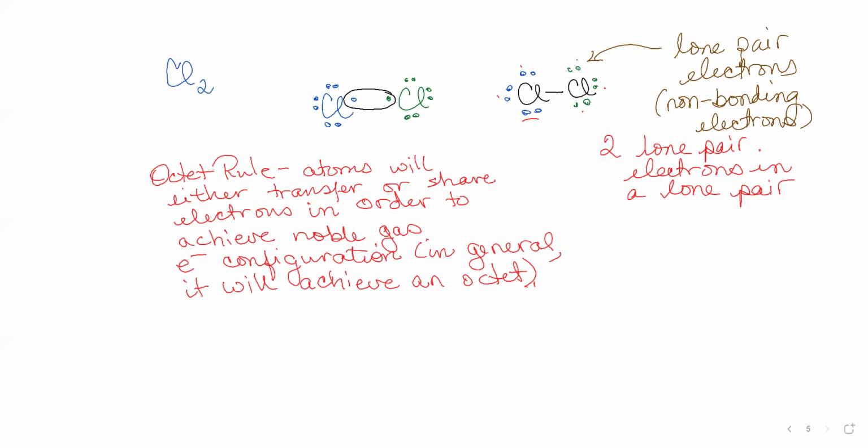So let's take a look at another compound. We'll take a look at oxygen. Oxygen has 6 valence electrons. So how do we know this? Well, one of the easiest ways to determine the number of valence electrons, particularly for main group elements, is what column it is in.